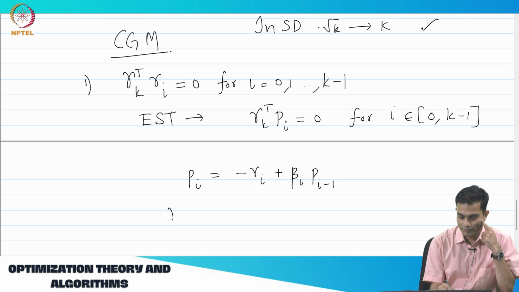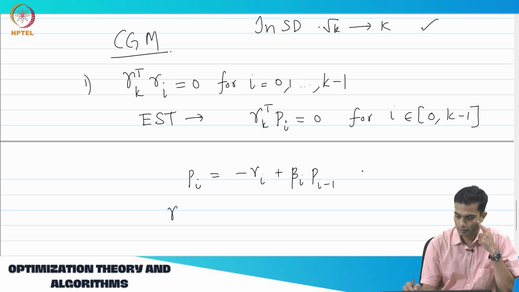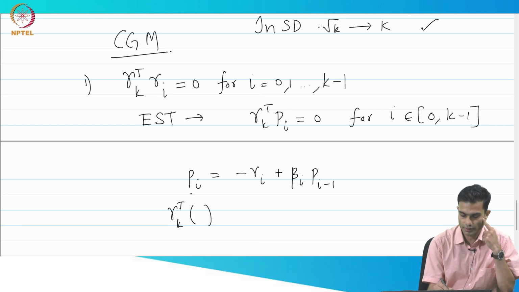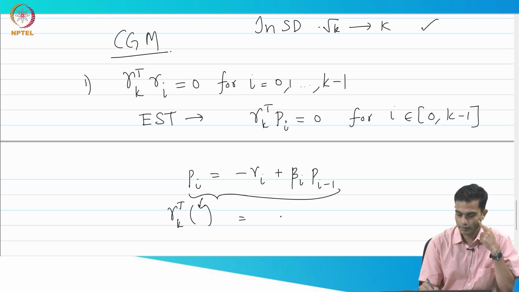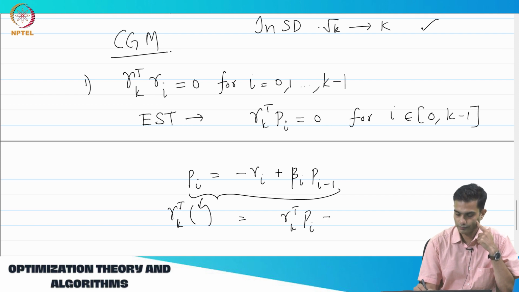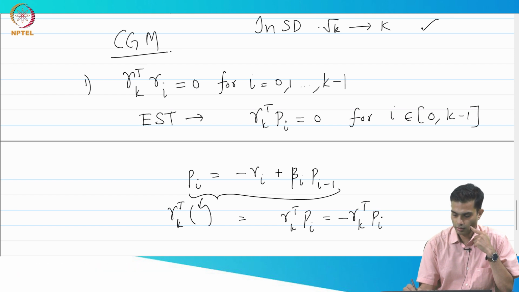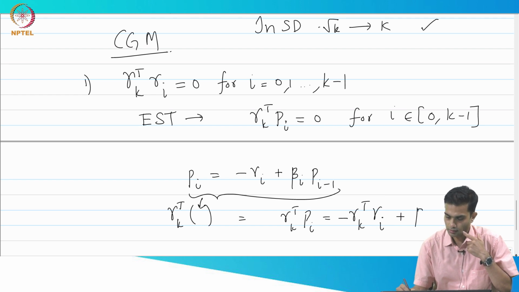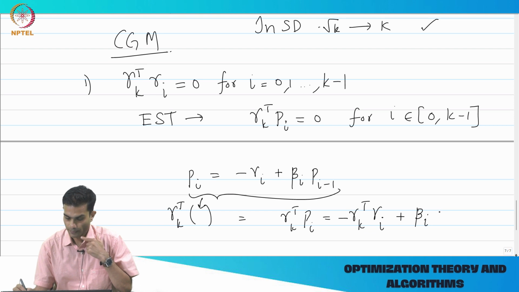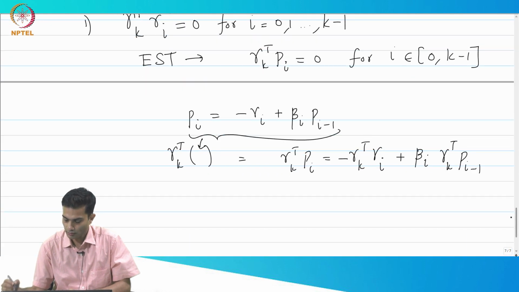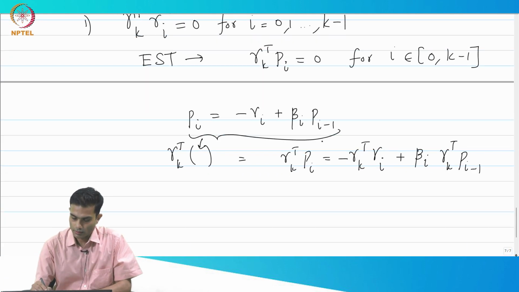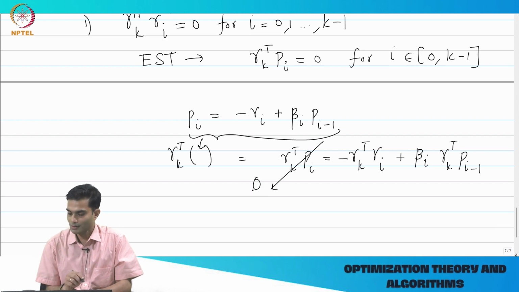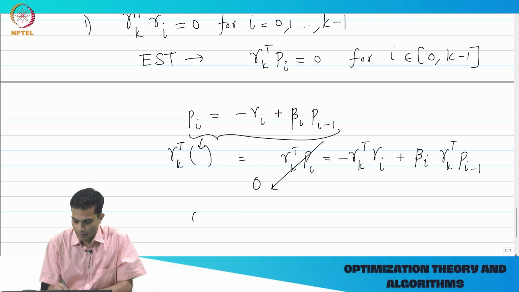So if I now left multiply, and this is true for all i, so if I left multiply R_k transpose over here, what am I going to get? R_k transpose P_i is equal to R_k transpose times (minus R_i plus beta_i P_{i-1}), that is, minus R_k transpose R_i plus beta_i R_k transpose P_{i-1}. The left side is 0 by the expanding subspace theorem.